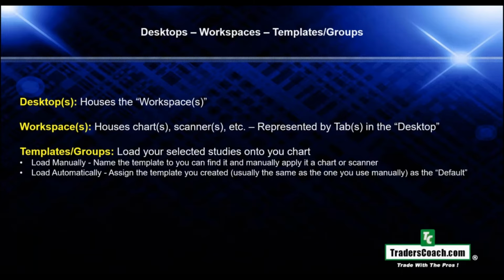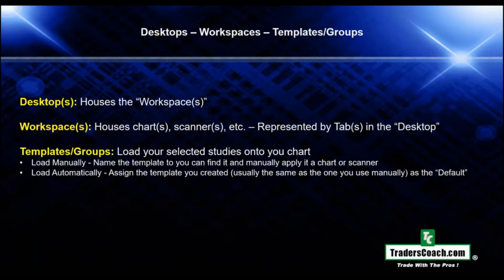And then once you have charts or these workspaces open, and the workspaces can contain charts, scanners, then we talk about what we want to see when we look at a chart. In other words, what studies do we want to see? And this is where we get into templates. TradeStation calls templates groups.